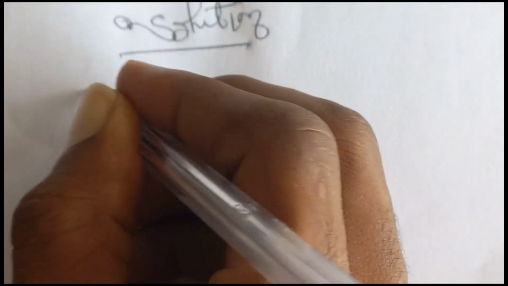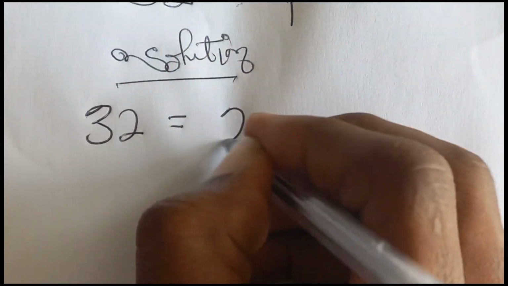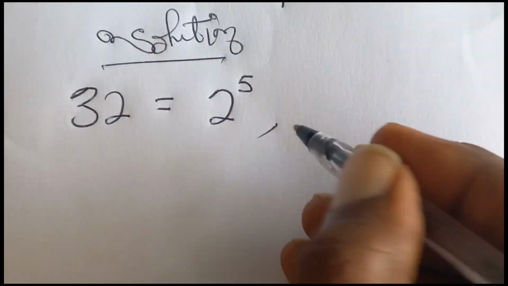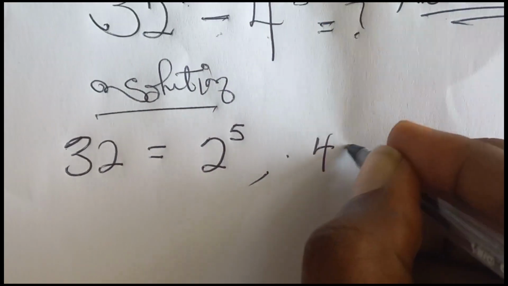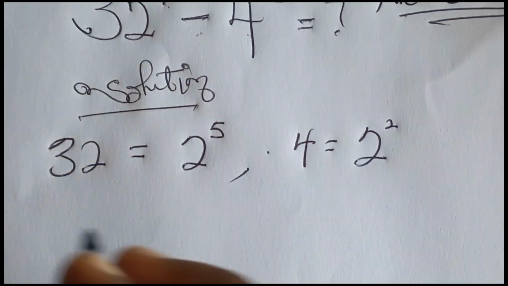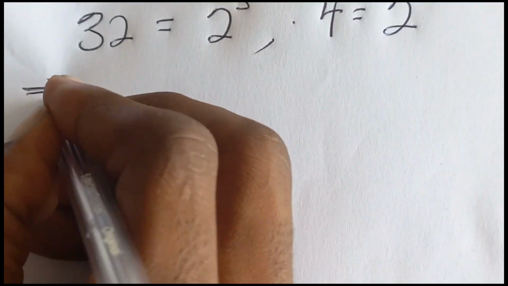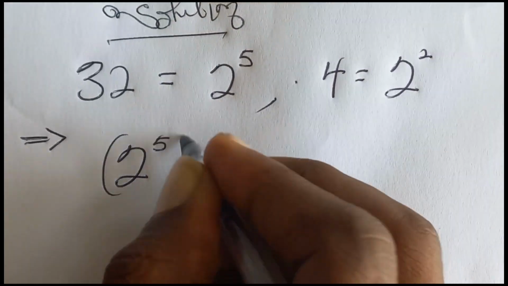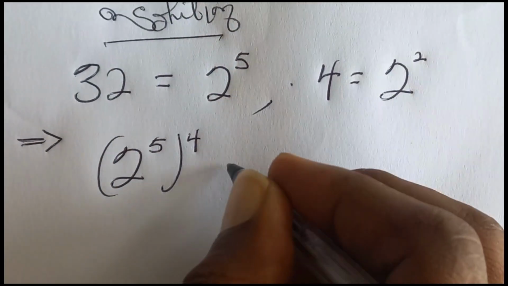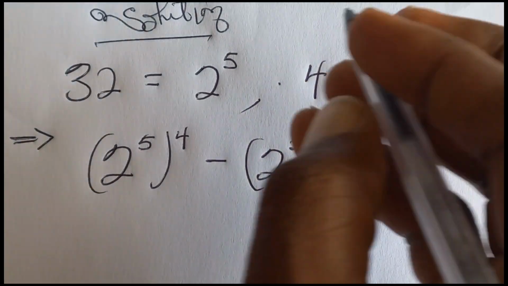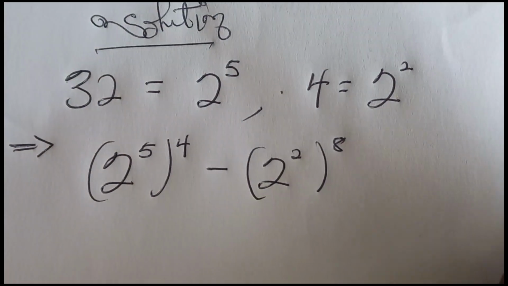We know that 32 we can express as 2 exponent 5, and this 4 can also be expressed as 2 exponent 2. So our expression now becomes (2 exponent 5) bracket exponent 4 minus (2 exponent 2) bracket exponent 8.